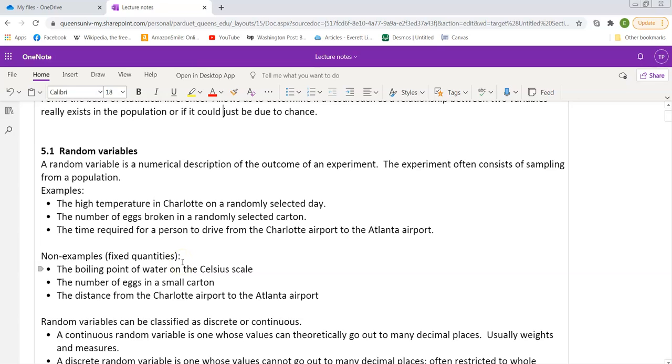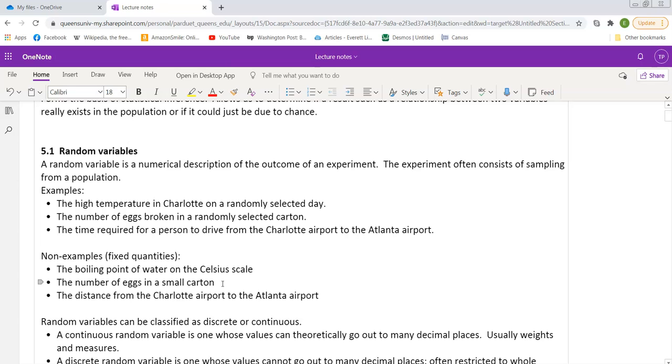I think in this case, it's just as instructive to look at non-examples. So some things that are not random variables. And if it's not a random variable, it's called a fixed quantity. So something like the boiling point of water on the Celsius scale. That is 100 degrees Celsius. That is what it is. That does not vary. The number of eggs in a small carton.